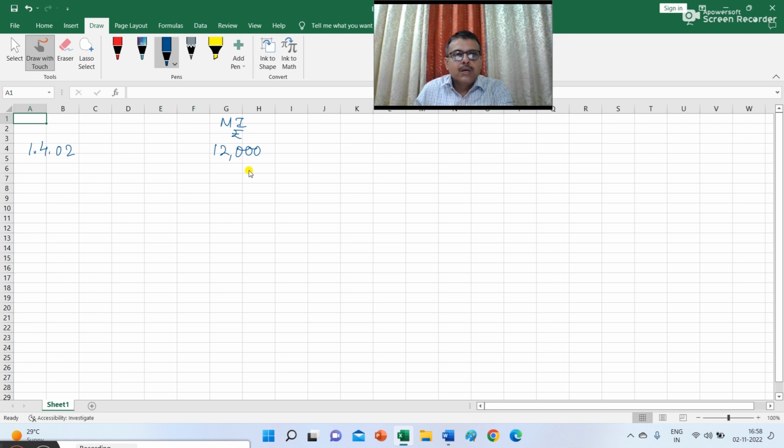So I am denoting this amount of 12,000 as M1 and the balancing figure of 73,000 as M2. The total book value, or written down value, of the machine on 1st April 2002 was 85,000.